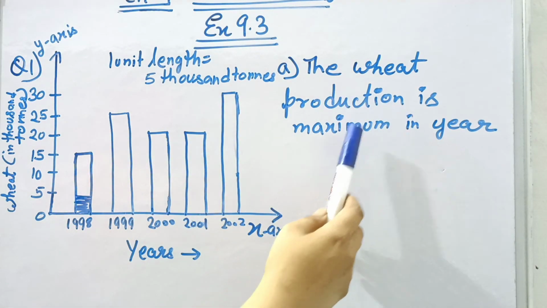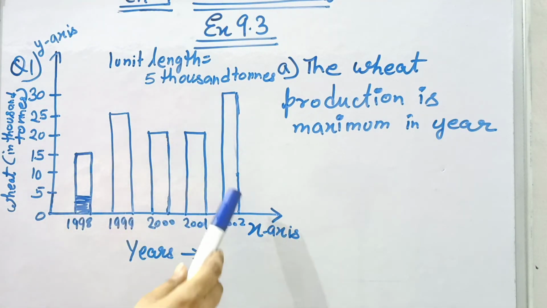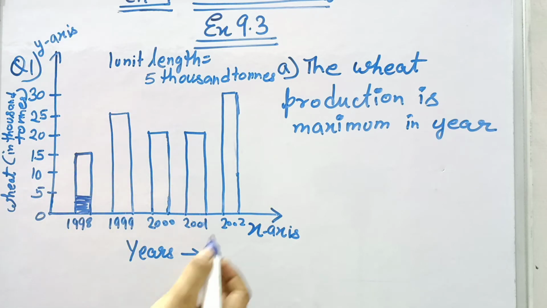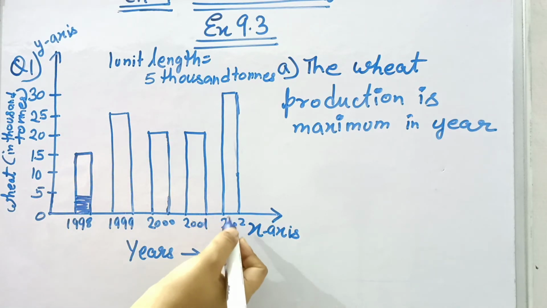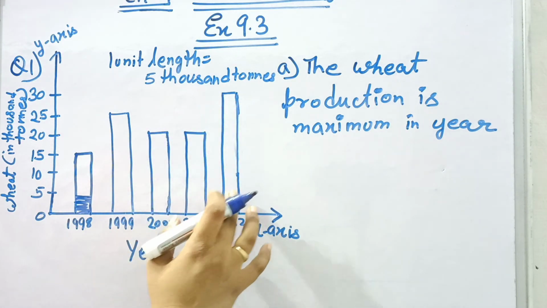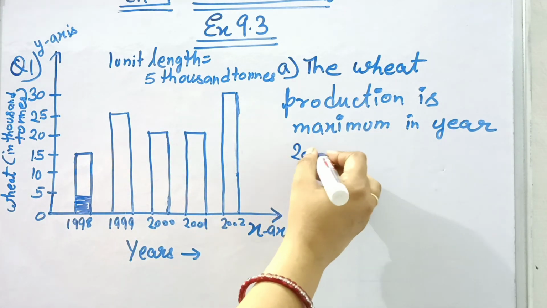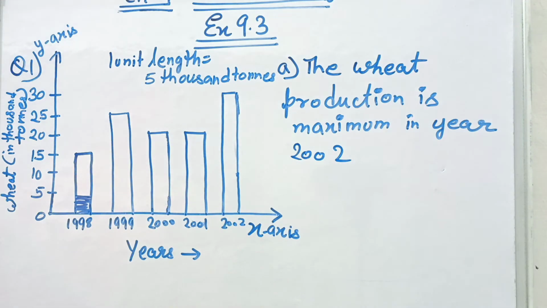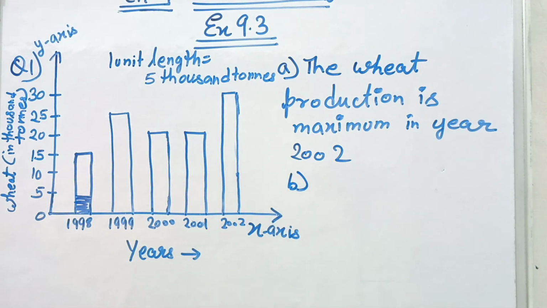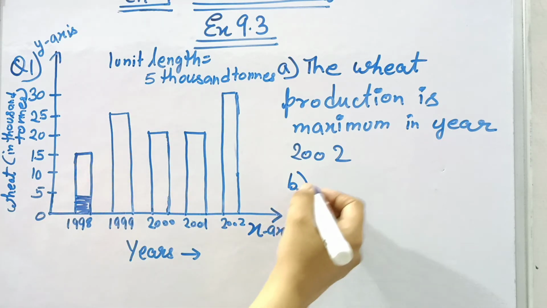Now for the maximum production, we can directly say that the year which is having the tallest bar has maximum production. So here 2002 is having the tallest bar. Tallest means the height of bar is highest. So we will write here the wheat production is maximum in year 2002. Next they are asking for the year in which the wheat production is minimum.